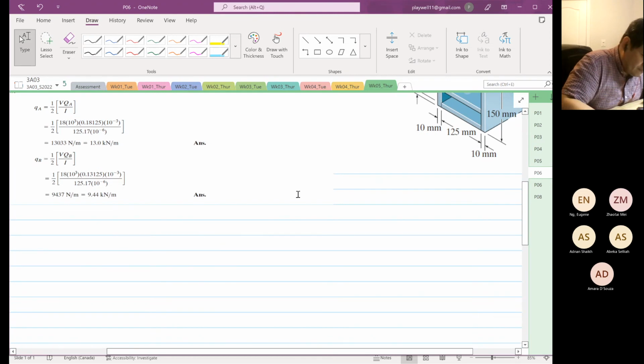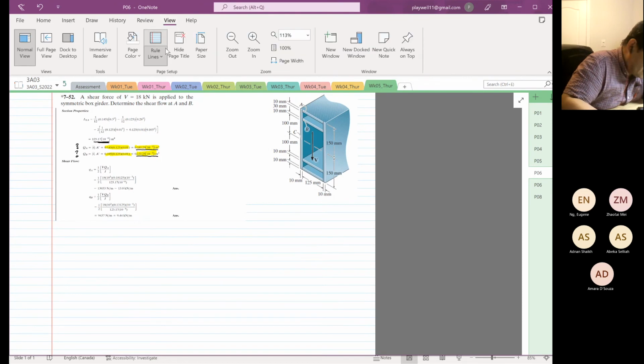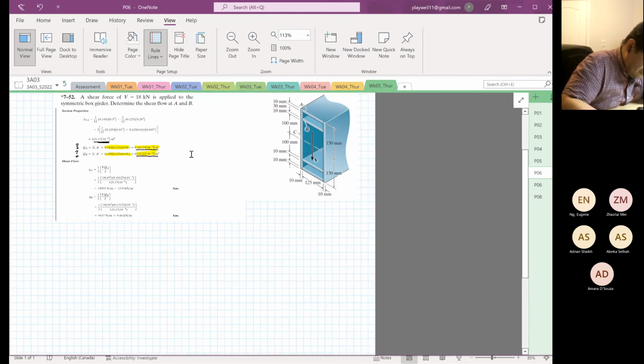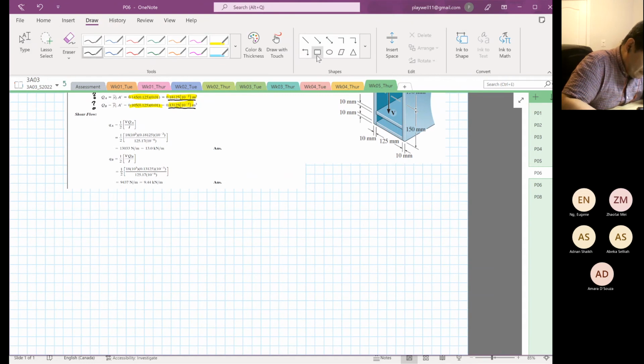Right, so I'm going to sketch this structure out. So we have 125 and 10, 10. So 125 and 40. So this is, wait, 2, 4, 6, 7.